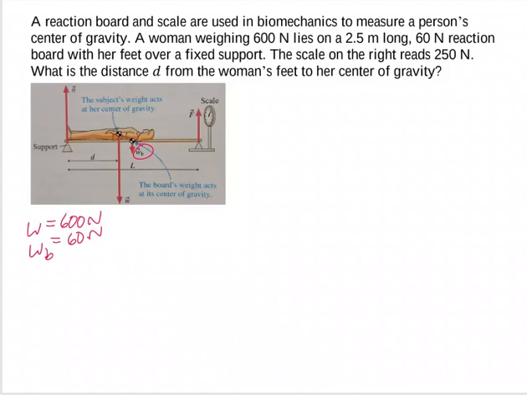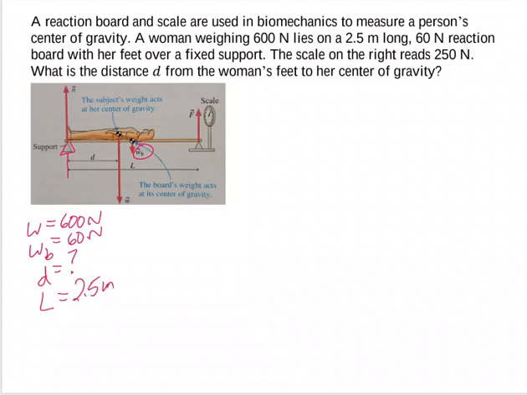Okay. And notice this is the pivot, and all of those distances are coming off of that pivot. So we have D, and D is the distance from the pivot to the woman's center of gravity. That's the thing that we're looking for. And then they called the length of the board a capital L, and that was 2.5 meters.